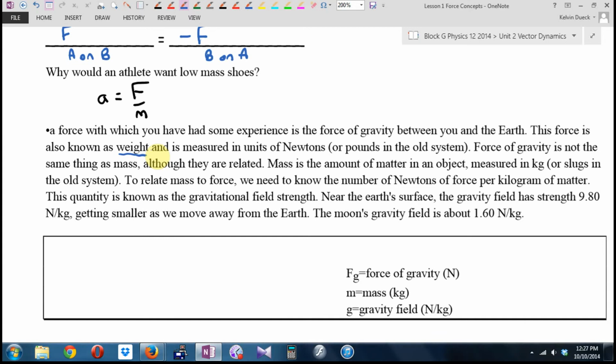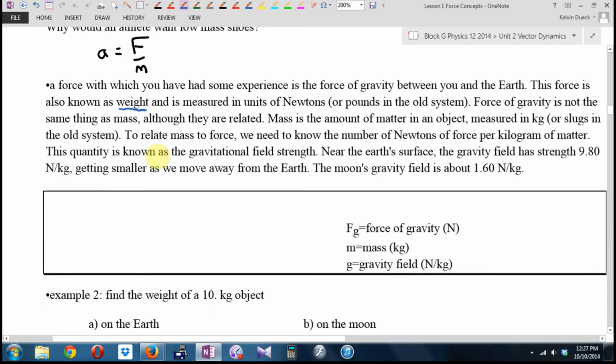Mass is the amount of matter in an object. Really, it's how many protons, neutrons, and electrons make up an object, measured in kilograms, or slugs in the imperial system. To relate mass to force, we need to know the number of newtons of force per kilogram of matter. We call this the gravitational field strength.